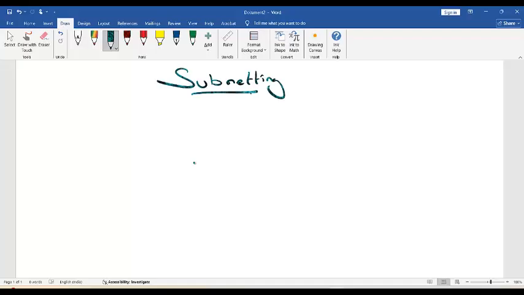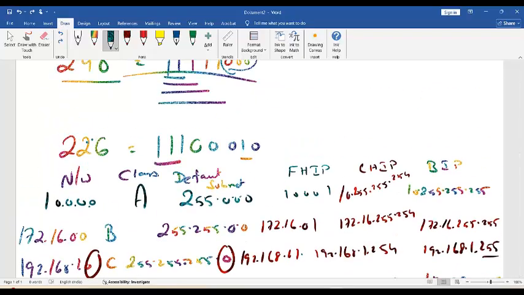But to use within an organization, there is a private range.